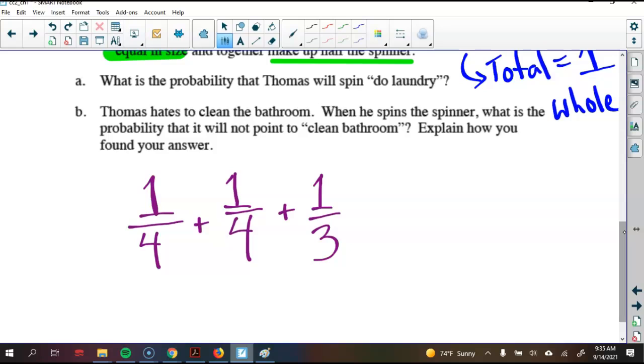Ooh, find the common multiple to be our common denominator. Yeah. So what is that? 12. So what do I multiply by over here? 3/3. And same thing here. 3/3. And what do I multiply by here? 4/4.